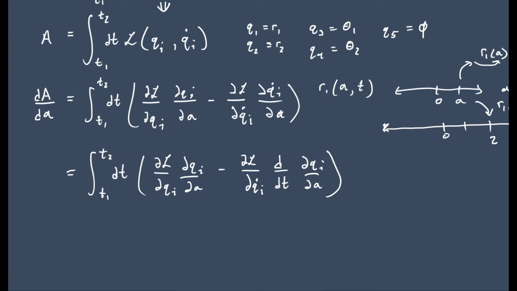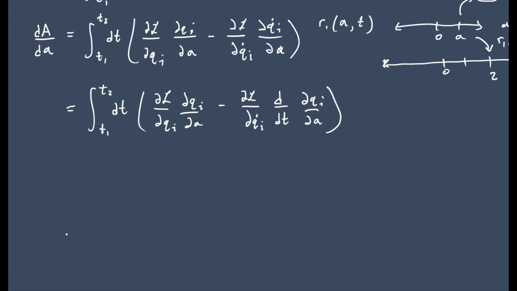All right, that's not too difficult to conceptualize. This is a time derivative, so I'm just taking the time derivative out and putting it here. This we could say is a constant, so we can rearrange this a little bit more. From t1 to t2, we're integrating over all of time dt, and we get the derivative of the Lagrangian with respect to qi, the derivative of the qi dots, or qi, with respect to alpha, or a.